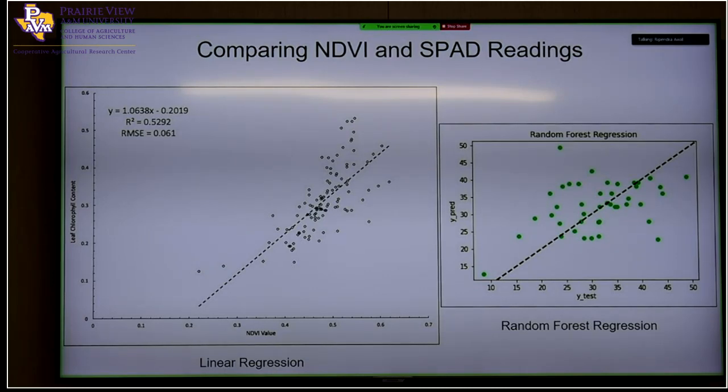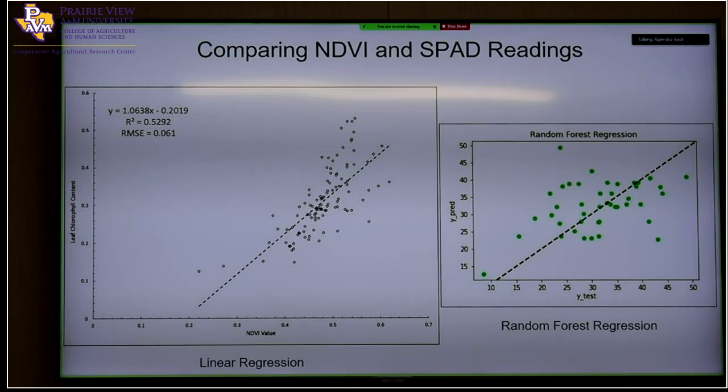If this were to be successful, as you can kind of notice, there's not a lot of correlation between either of the 2 readings, and if the random forest regression model were to be successful, all of the green dots would be on that line, because it essentially provides a test score and a prediction value based on that test. It was unsuccessful, and so based off this study, there was no correlation found between the 2 readings, which it is possible that there could be, because I had mentioned they're both light-based, and so maybe there is something more to be found there.